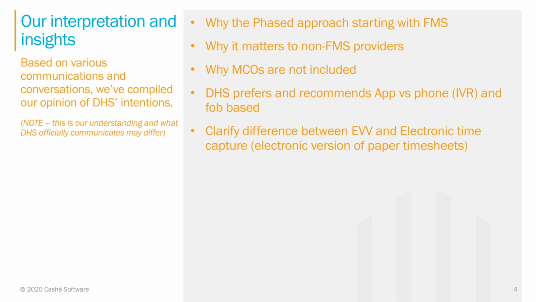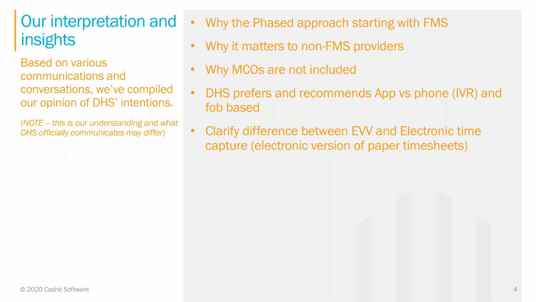It is also important to clarify the difference between EVV and electronic time capture. EVV, of course, is capturing GPS information when you clock in and clock out, whereas electronic time capture is very much like paper timesheets, except it's an electronic version of it.